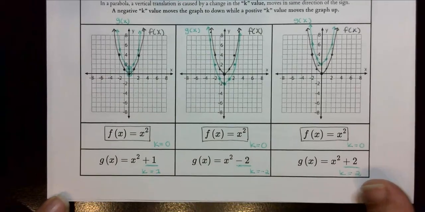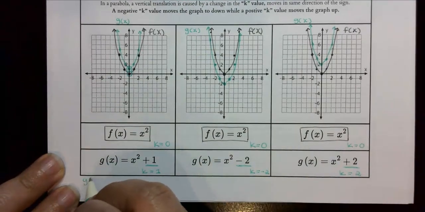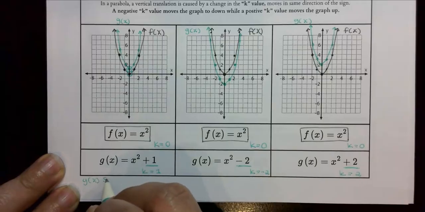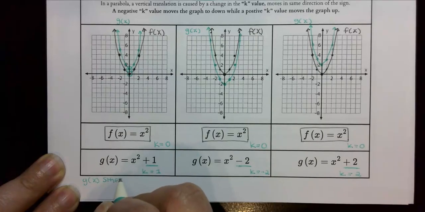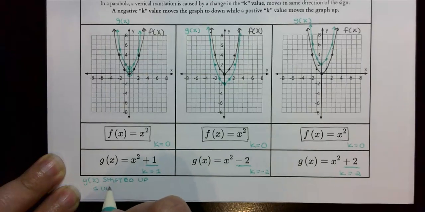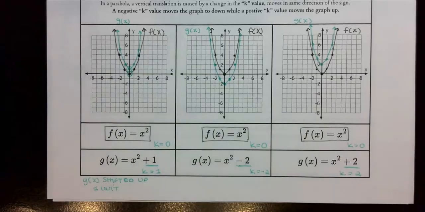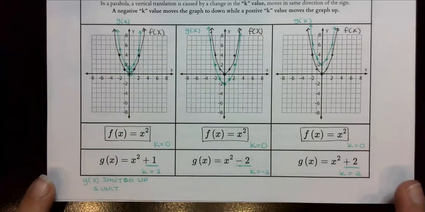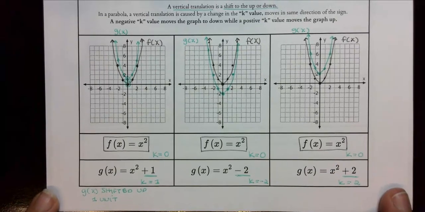So at the bottom here, we're going to say g of x is shifted up 1 unit. So when you get to this part in your notes and it's asking you to identify the vertex, you can do it by looking at the graph, but you can also do it by looking at the equation.